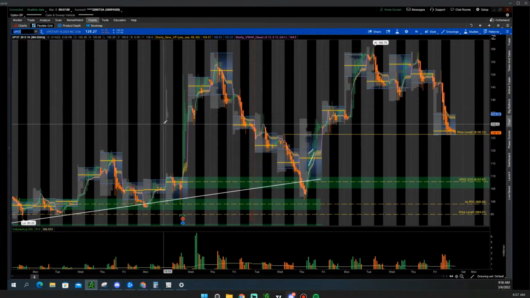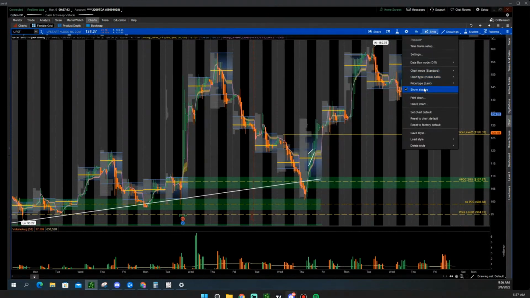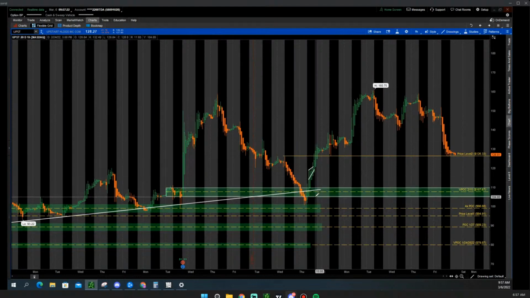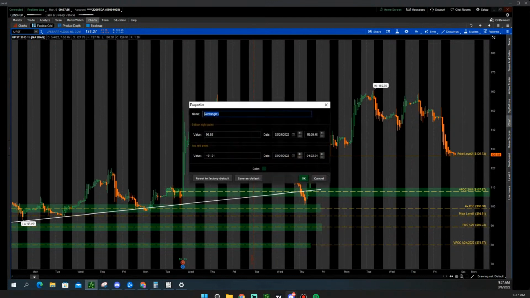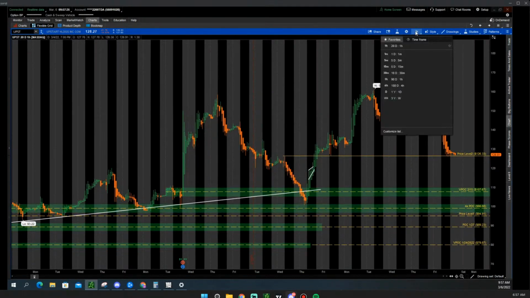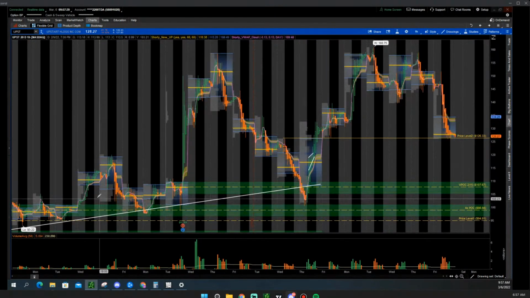So for instance, this was a VPOC here. I just want to give you an illustration of something that's been running. You guys see how this was a VPOC and the stock ran away from it, and then it came back to the POC, and you see what I marked right here. When there are multiple POCs clustered together, I usually add the number of POCs that were clustered there.